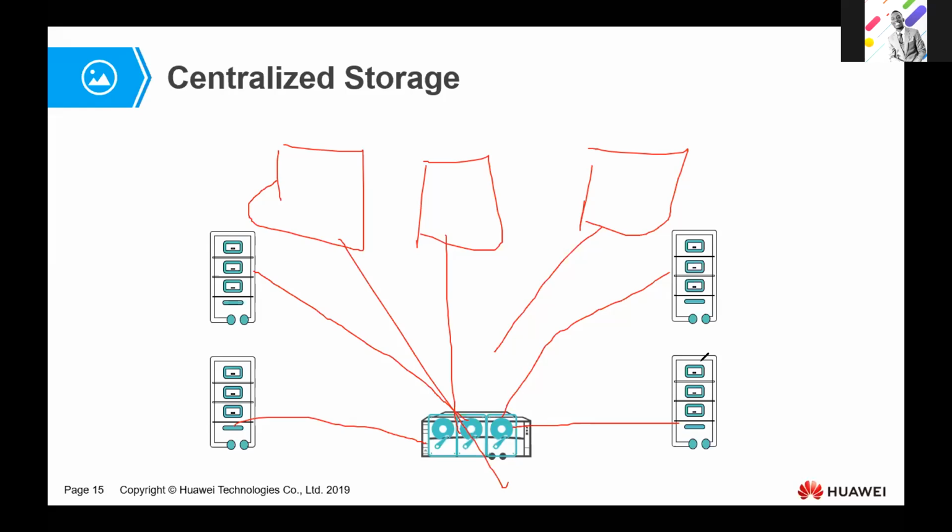SAN can be further categorized depending on how you connect to it: using Fibre Channel SAN, IP SAN, or even Fibre Channel over Ethernet. Currently, Fibre Channel SAN and IP SAN technologies are what we use in a virtualized architecture, but Fibre Channel over Ethernet SAN still has a long way to go to reach maturity.